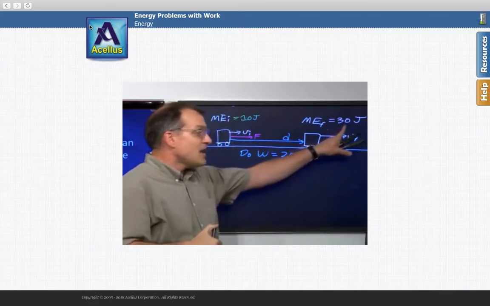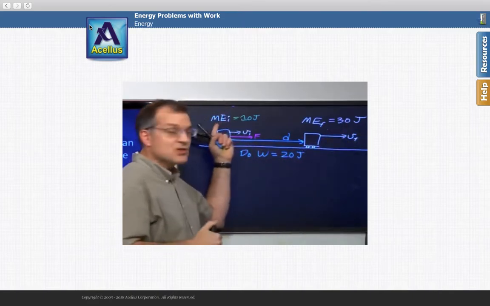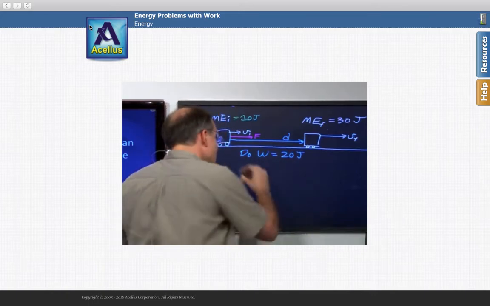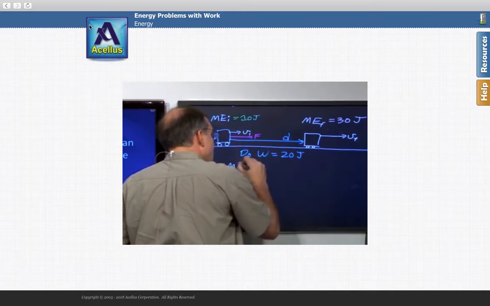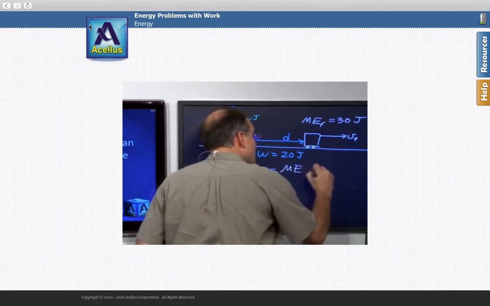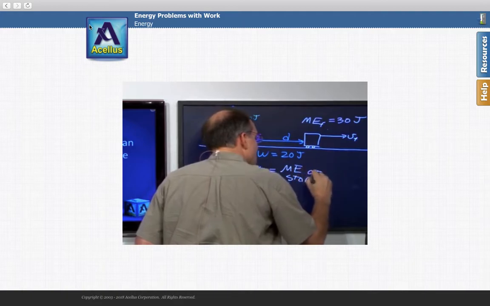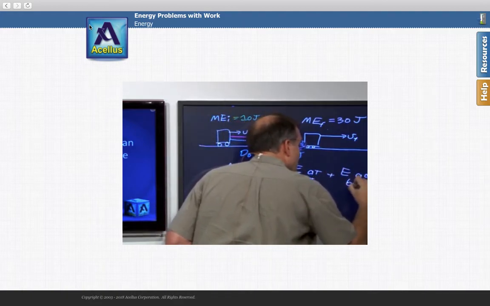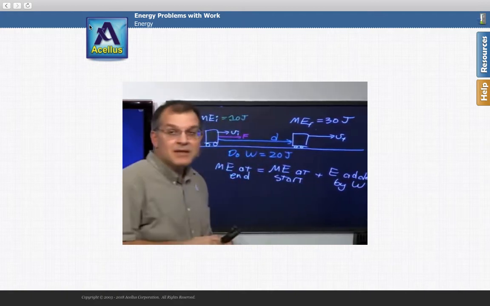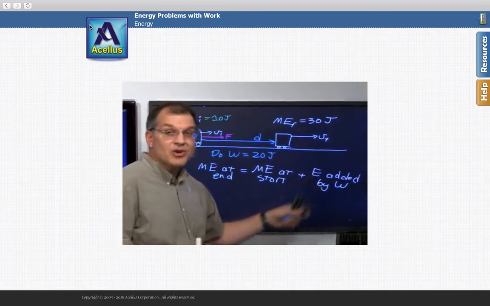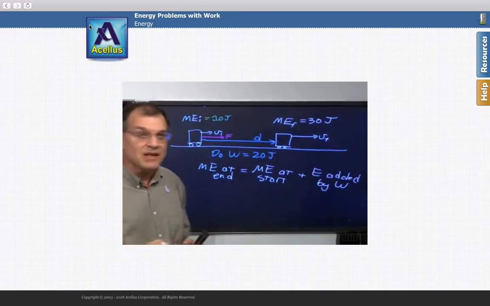So the energy at the end is what you started with plus what you added to it. Mechanical energy at the end of the problem is however much it had at the start plus the energy that was added by work. If it's positive work, then it has more energy. If it's negative work, then you're adding a negative and it has less.